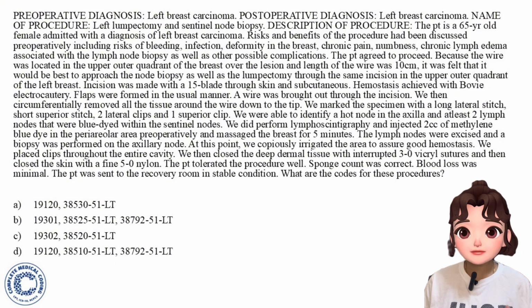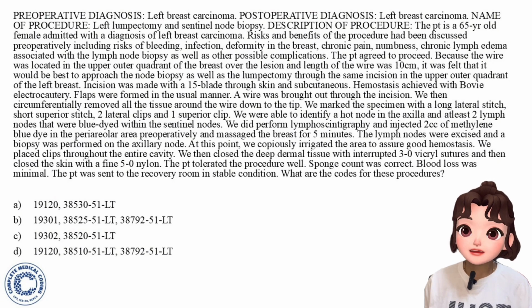So, see, while checking only the integumentary code, you got the answer, right? As the code 19301 is present in only one option, you already got the answer as option B, 19301. Okay, this is how you can save time.